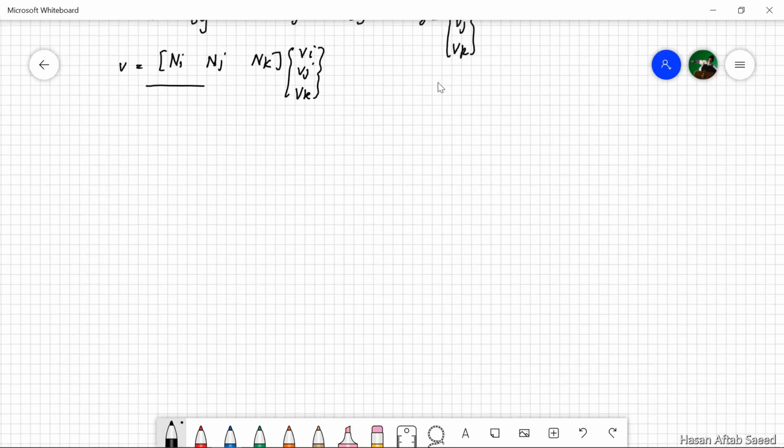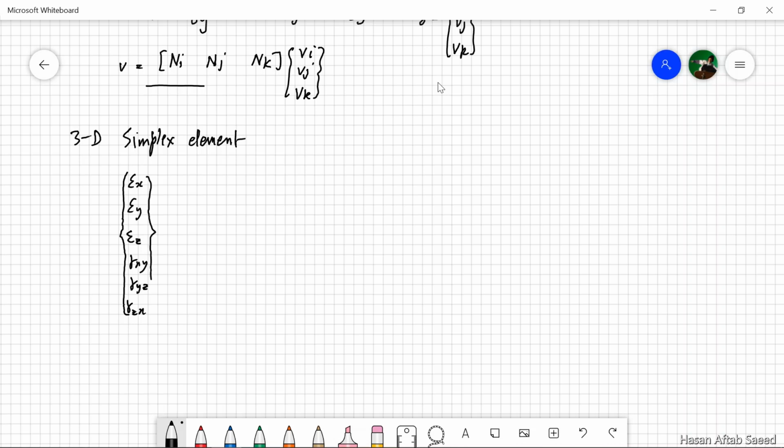Obviously, in the case of a 3D simplex element, the strain vector will be 6 into 1: epsilon x, epsilon y, epsilon z, gamma xy, gamma yz, and gamma zx. We have a 6 into 1 vector.